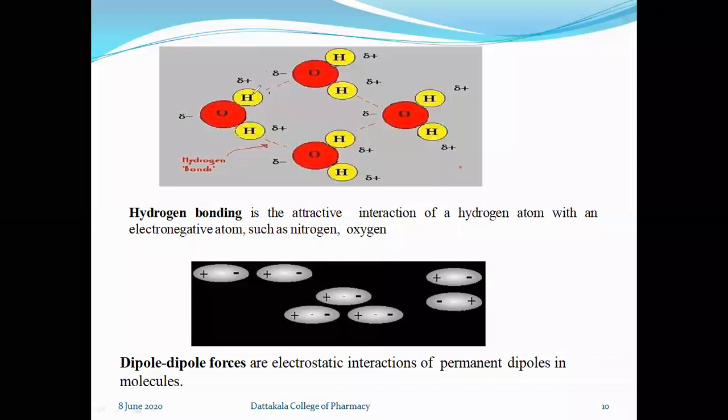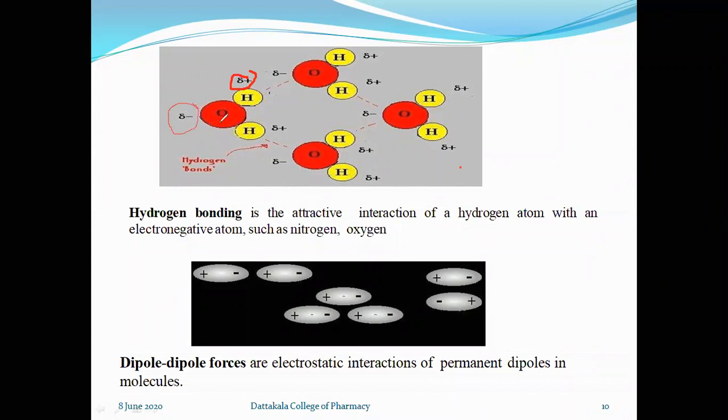This yellow color is a hydrogen atom, and this red color is any atom which is present in the solute. This hydrogen, as usual, has a positive charge. The atom present in the solute molecule has a negative charge.